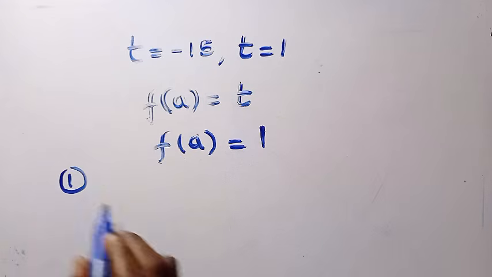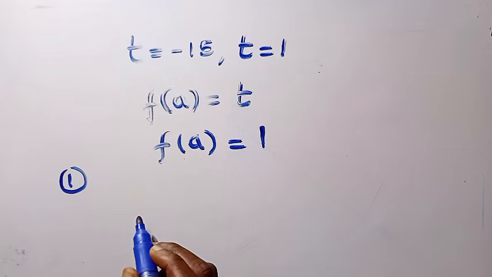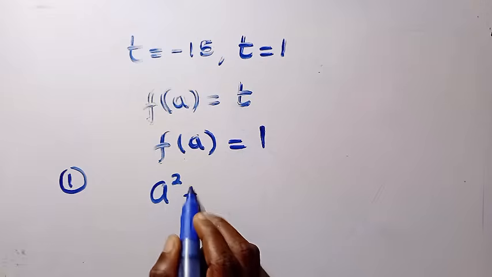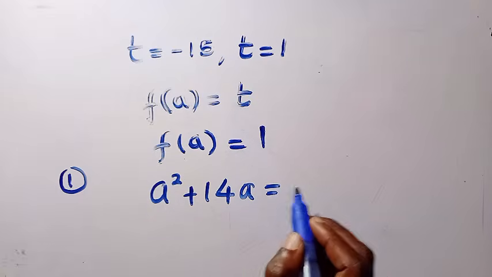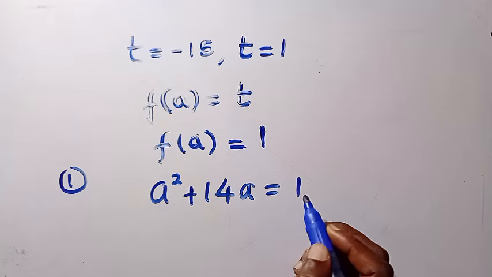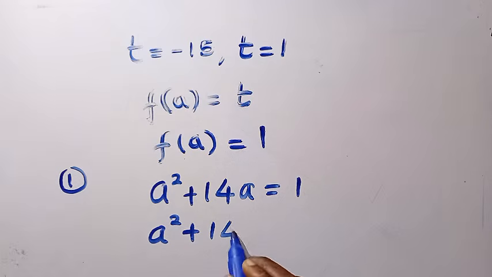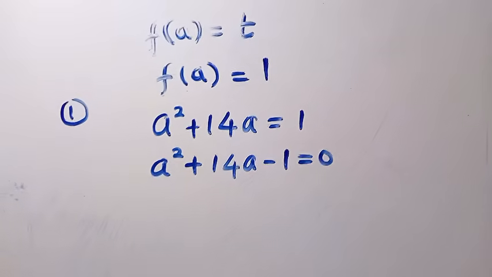So let's consider this as the second step. Then we recall from where we have a squared plus 14a, so this will be equals 1. Then we take 1 to this side as a squared plus 14a minus 1 equals 0. So this is another quadratic equation.